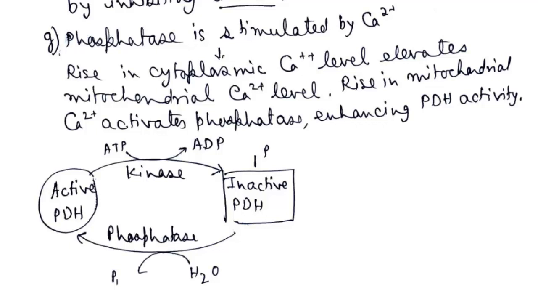Active PDH is converted to inactive PDH by kinase, and ATP is converted to ADP, and in the other way, inactive PDH is converted to active PDH when phosphatase is stimulated. So, in this way, this PDH complex is regulated. Thank you.